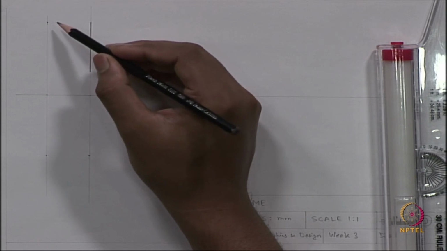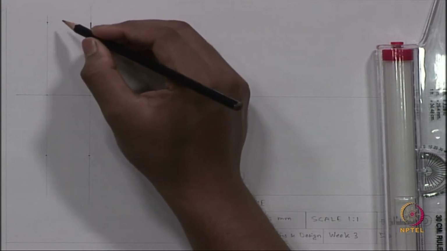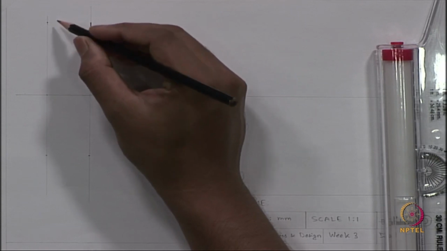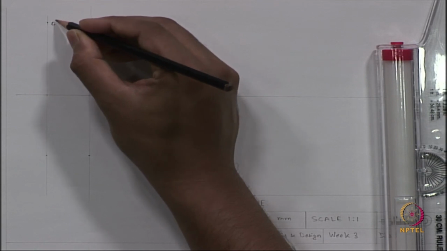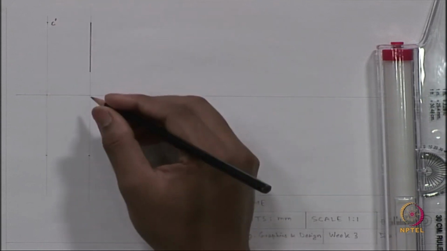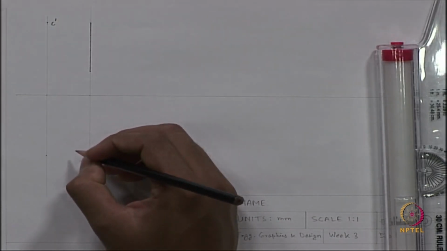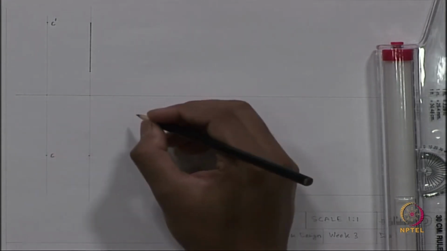The notation here is, if it is the front view, we will use the small letter with a prime. So, while we name it, we will use small c prime. For the top view, we will use only the small letter. So, for capital C, in the top view, we will mark it only c.